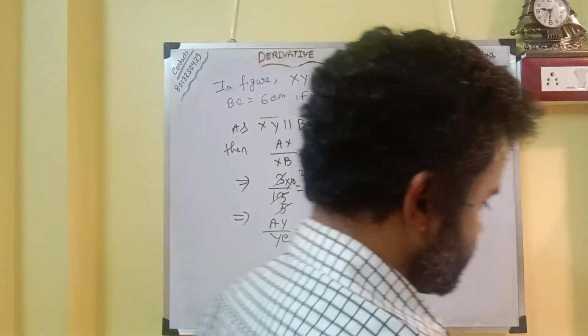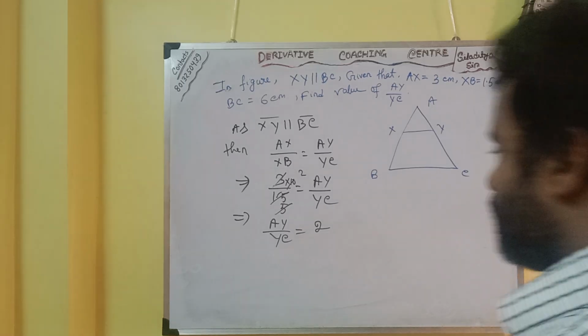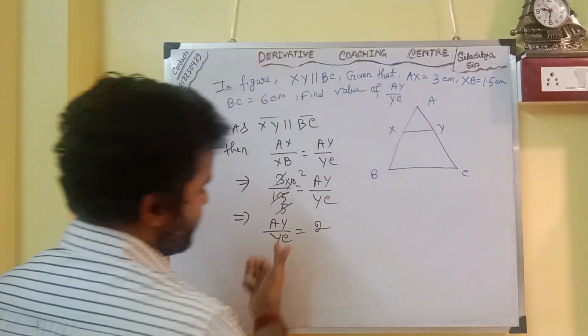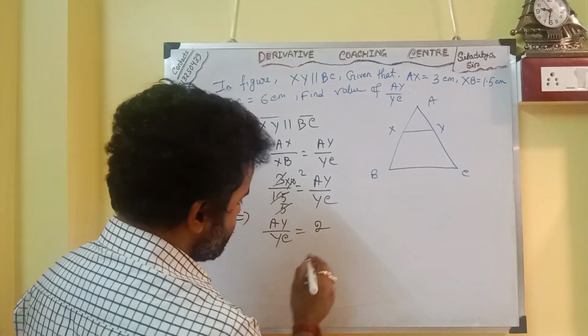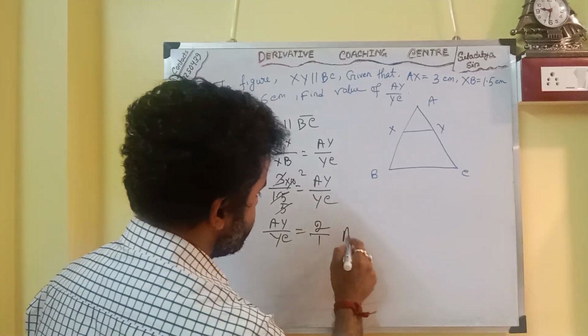So this is the answer. As it is a ratio of AY and YC, you can write that 2 by 1. So it is the answer.